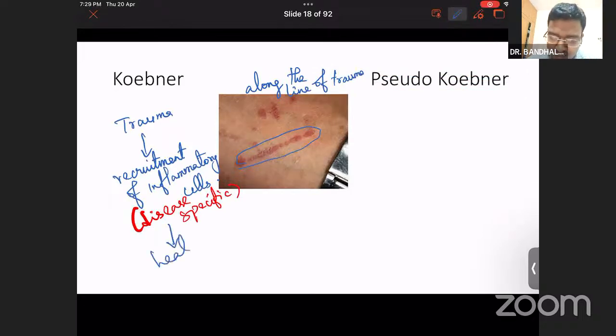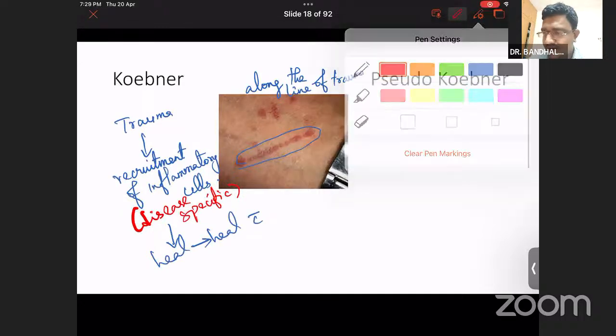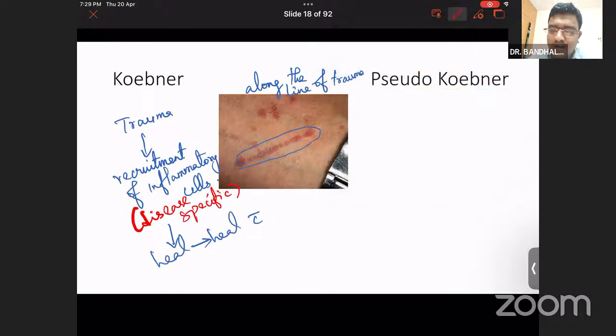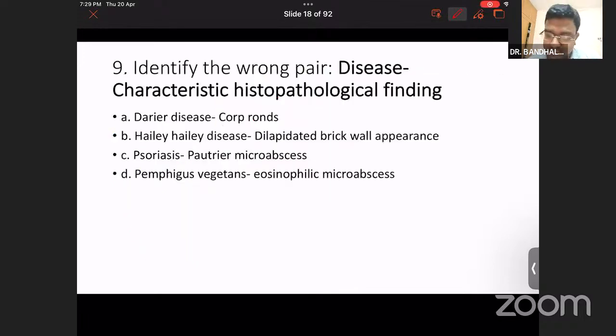Whenever the wound heals, it heals with lesions resembling the primary disease. Fine. Whenever there is a trauma, there will be a wound healing process, na? So there will be more of disease-specific inflammatory cells. T cells will be recruited. So the lesions heal with lesions resembling the primary disease.